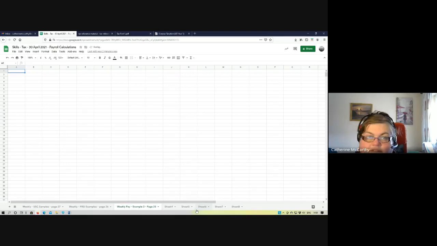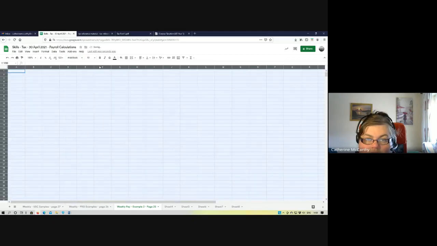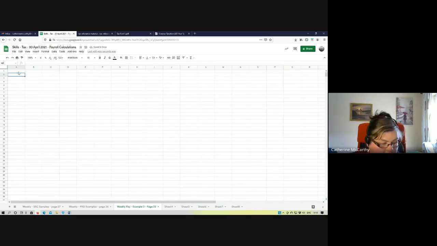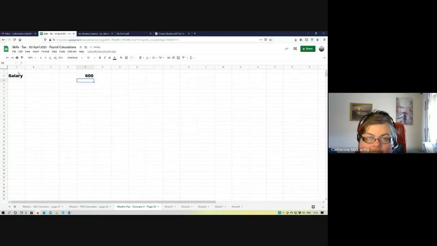Page 25. We're going to start with our weekly salary there. So the salary is €600.